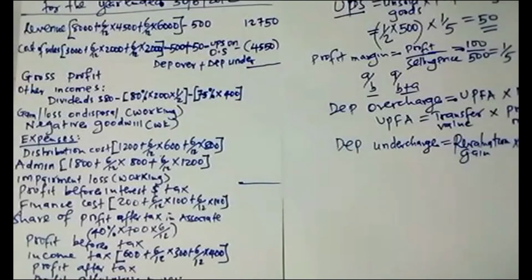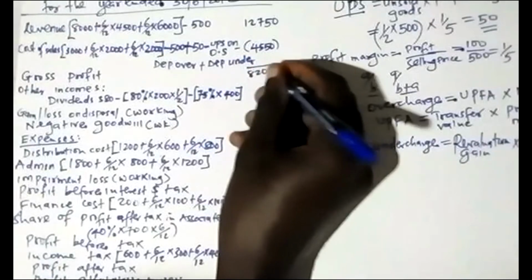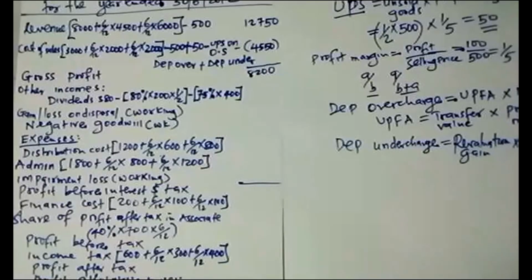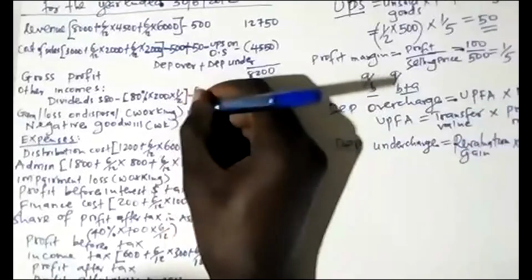So I take 12,750 minus that answer, that is 8,200. Then the other one is 0. So these two need workings.